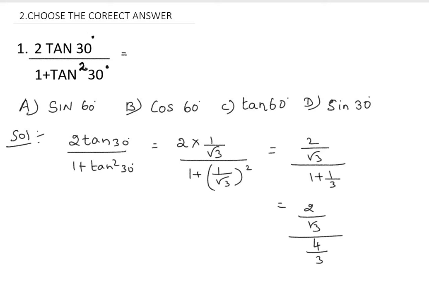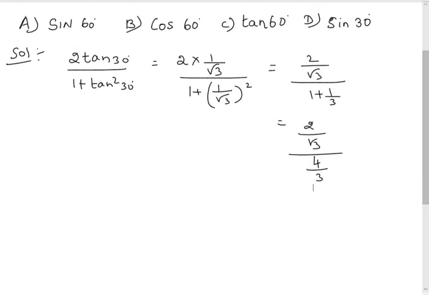I'll take the reciprocal now for the denominator. So what I'll get? 2 by root 3 into reciprocal of 4 by 3 is 3 by 4. 2 1s are 2, 2 2s are 4, and root 3 into root 3 is 3.